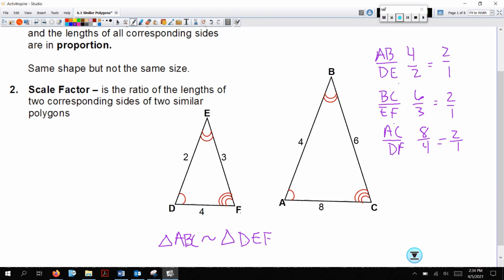So the scale factor is 2 to 1 for triangle ABC to DEF. ABC is twice the size of DEF.